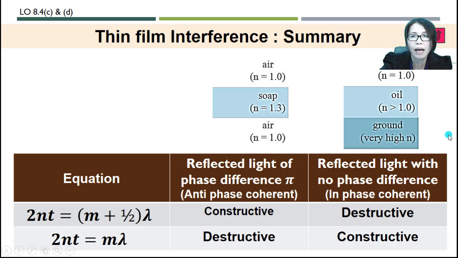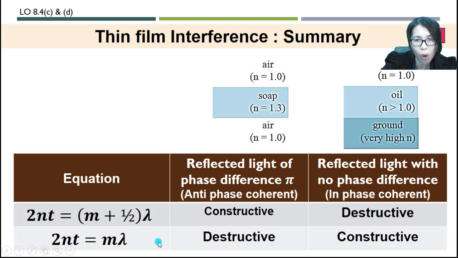So class, let us summarize what we have in thin film interference. We might have different layers for a thin film, so the conditions for constructive and destructive interference might be different.